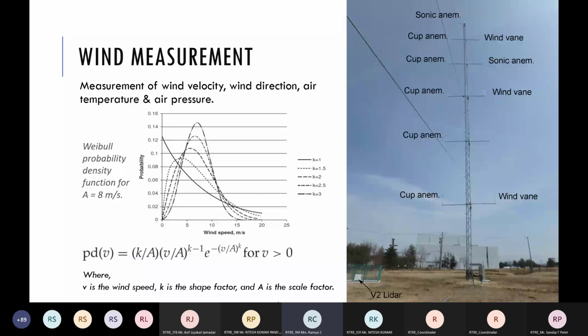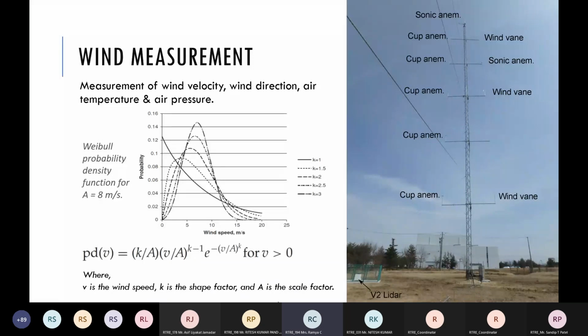For that, some statistical analysis has to be carried out. The Weibull probability function has proved to match the wind behavior very closely, and it is accepted throughout the whole research community. Other probability functions include the Rayleigh function, which is also a very good one, but Weibull gives you a more realistic probability function.